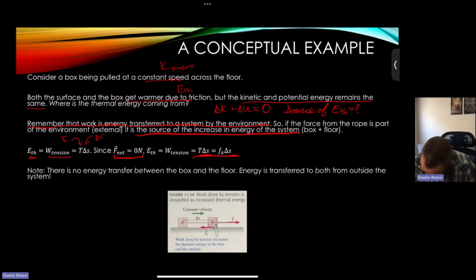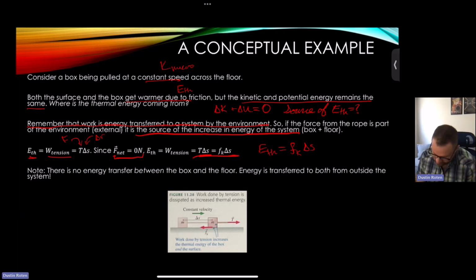So it turns out E thermal, going through the step of relating it to tension and then relating the tension to friction, that's where our energy comes from. We're actually getting the thermal energy from the friction over some distance.